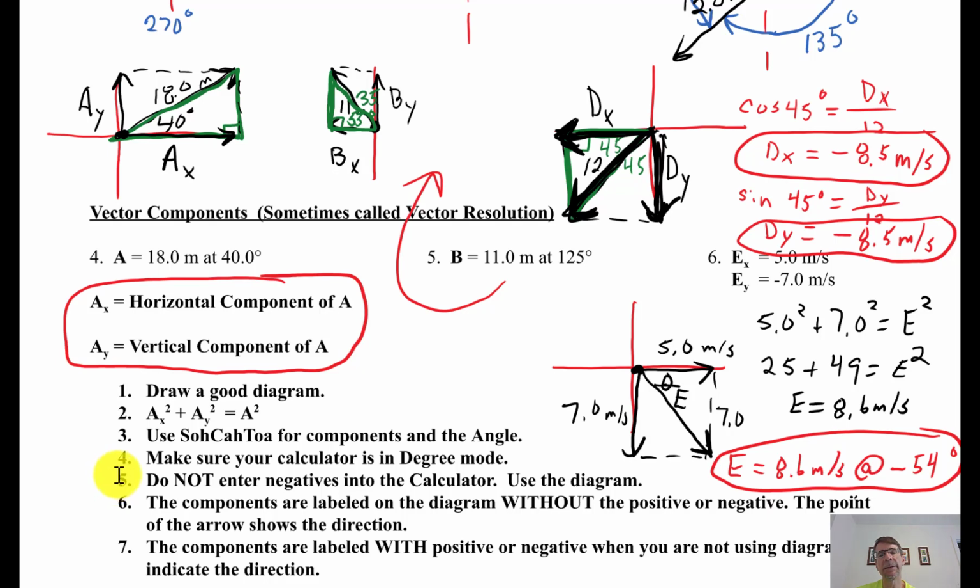Use the diagram, figure out which triangle you're using, use SOHCAHTOA. On the diagram, label the diagram without positive and negative numbers. The arrows give you the direction. The positives and negatives are just directional things. Like even the angle, negative 54 is a direction. It's clockwise. But on the components, label the components with negative to show what direction they're supposed to be pointing. Okay, those are vectors, vector components.